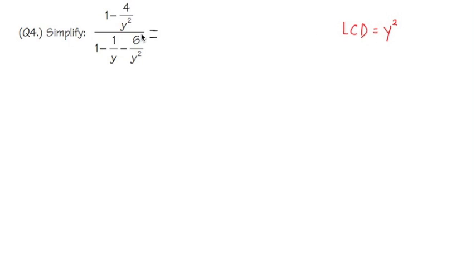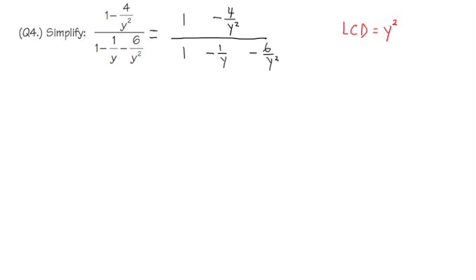But before that, let me copy down the question again as follows. On the top, I have 1 minus. The way I'm going to do it is I write down 1, but leave some space, and then write down minus the 4 over y squared. All right? And then on the bottom, I copy down 1, leave some space, and then minus 1 over y, leave some space, minus 6 over y squared.